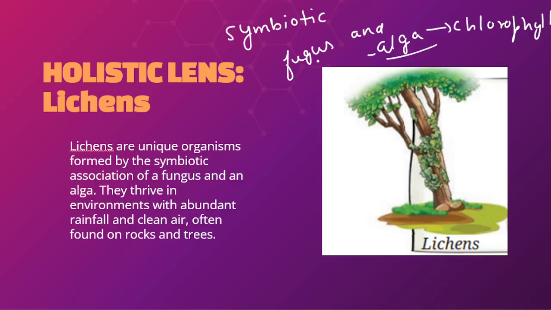And fungus, on the other hand, doesn't know how to prepare food. So algae acts like a mother: algae provides food to fungus and fungus provides shelter to algae. This is how it happens. So litmus is derived from this symbiotic association.